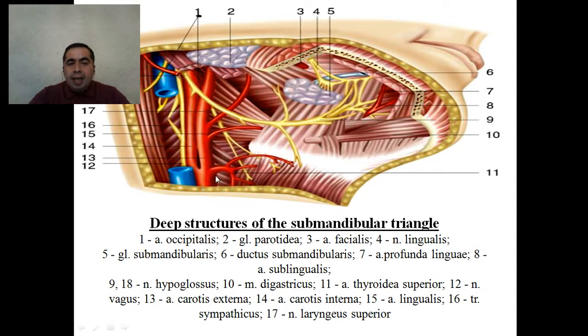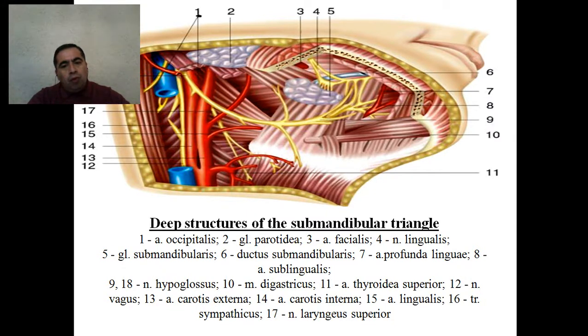The duct of the submandibular gland is here, and the profunda linguae, the deep lingual artery, is here. Number 18 is the hypoglossal nerve, which forms the superior border of Pirogov's triangle. This triangle can also be called the triangle of the lingual artery.